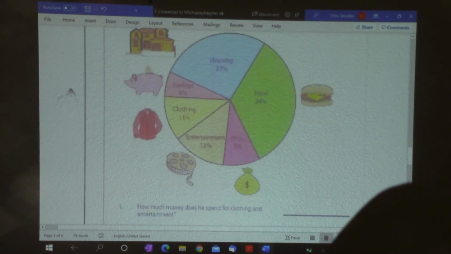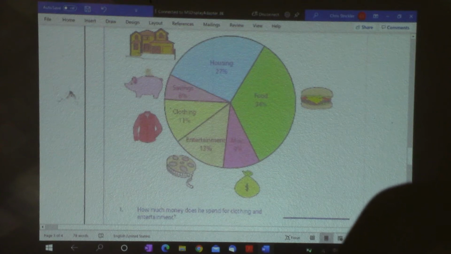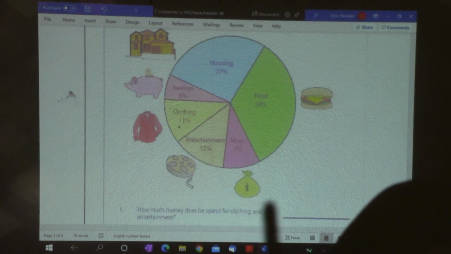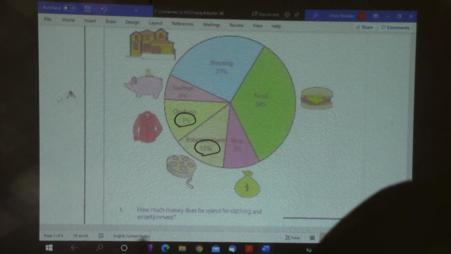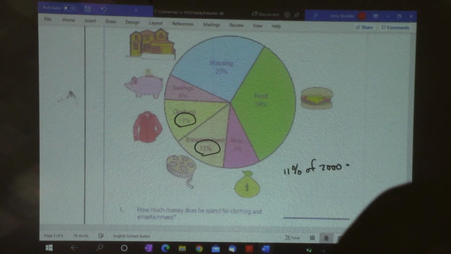Okay, so let's go down here. How much money does he spend for clothing and entertainment? Okay, well, I have 11% for clothing and 13% for entertainment. So I'm going to have 11% of 7,000. Well, what is that? Well, to change a percent to a decimal, I divide by 100.